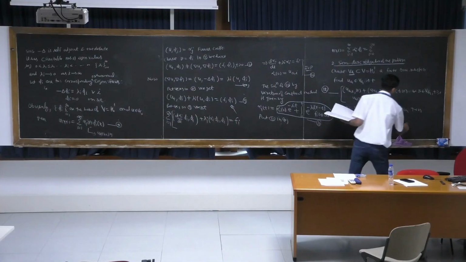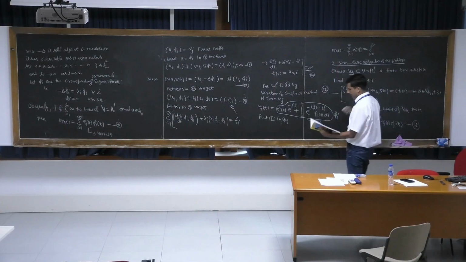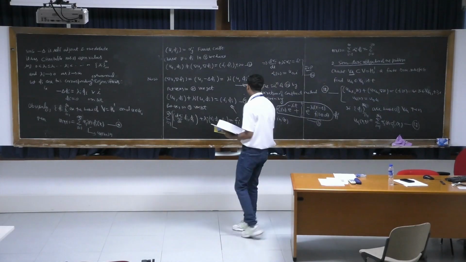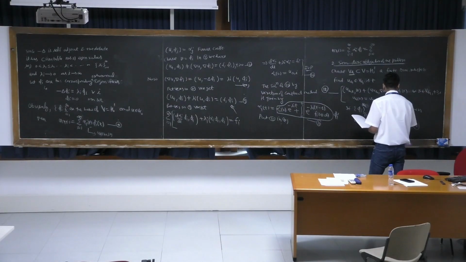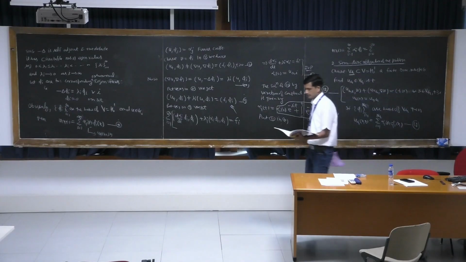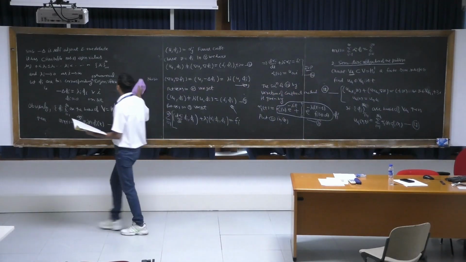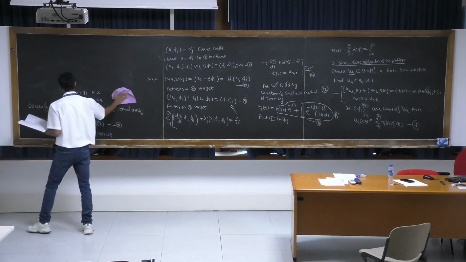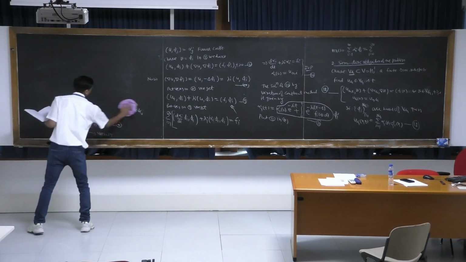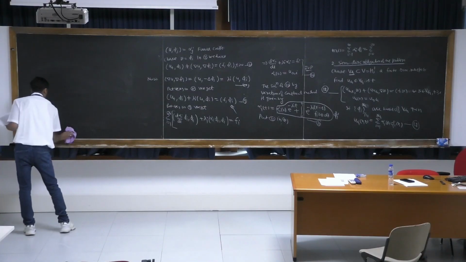Suppose this is 13. When you put 13 in 12, it becomes a matrix form because this is finite dimensional, so it is easy to write its matrix.